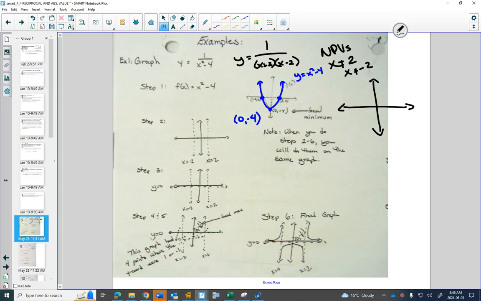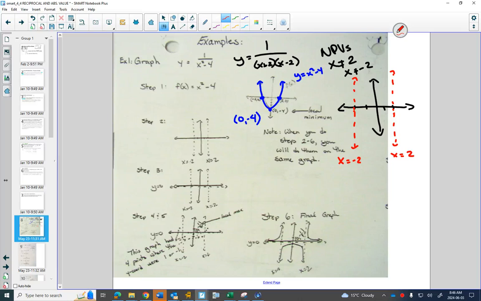So if you graph the bottom function, your non-permissible values are going to become asymptotes, just like in chapter 2. So I'm going to go to 2 and negative 2 and draw vertical asymptotes.